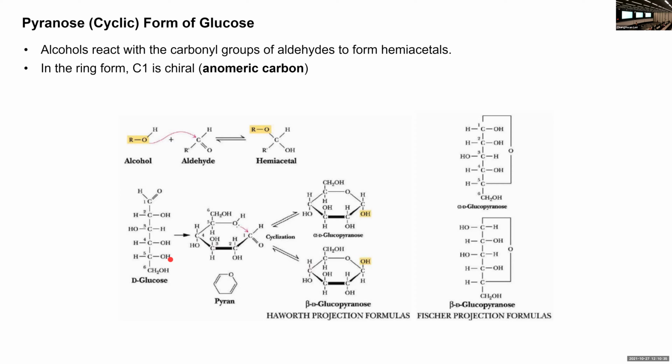If it's on the right side, then it's D form. Left side, then L form. As opposed to the cyclic form, where you talk about anomers, whether alpha or beta, and that depends on the orientation of the hydroxyl group that is attached to the anomeric center or anomeric carbon and the extracyclic carbon.